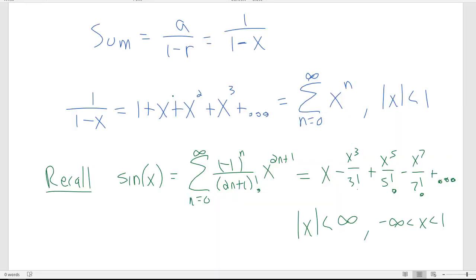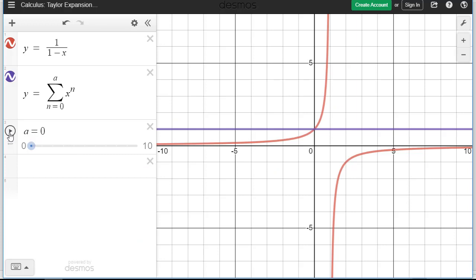So when I add more terms, 1 plus x is going to be a better approximation. 1 plus x plus x squared is going to be an even better approximation. When I add the first 4 terms, that's an even better approximation. So as I add more and more terms, let's do that, my approximation gets better and better and better. And we can see our polynomial, our power series, converging to the function.